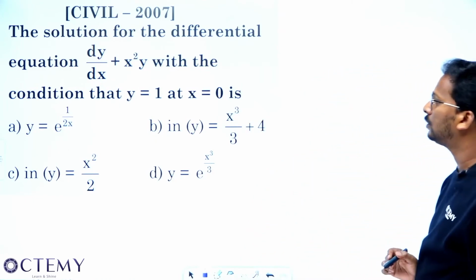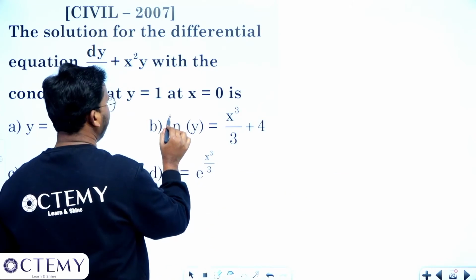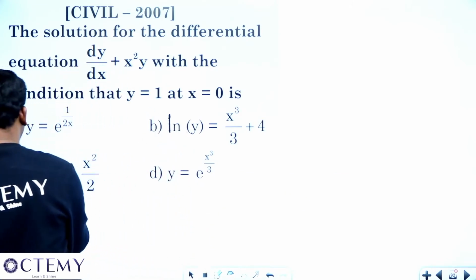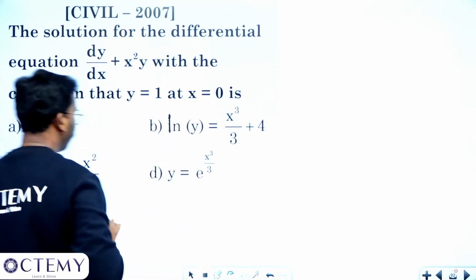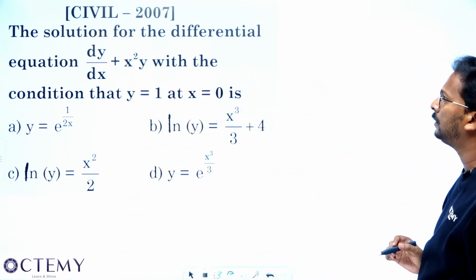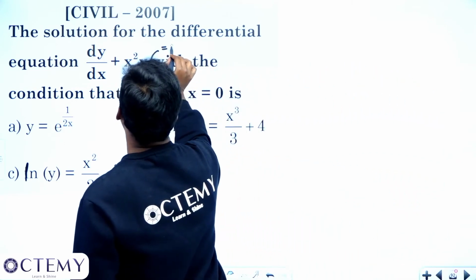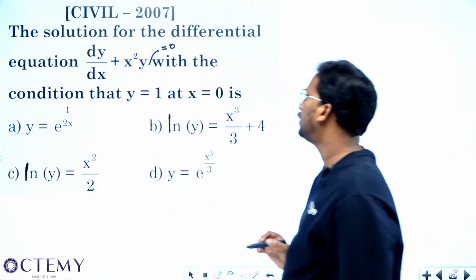If I go to the next question, this is ln here. This is not in, this is ln. Very good. So the solution of the differential equation here, this should be equal to 0, with the condition y of 0 is equal to 1.